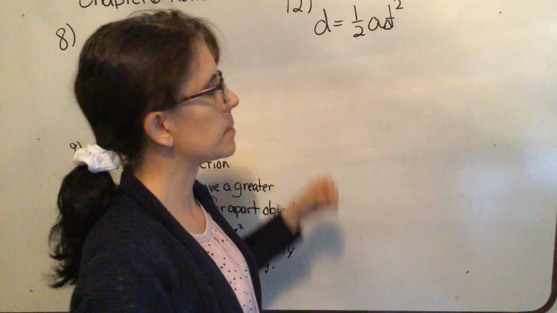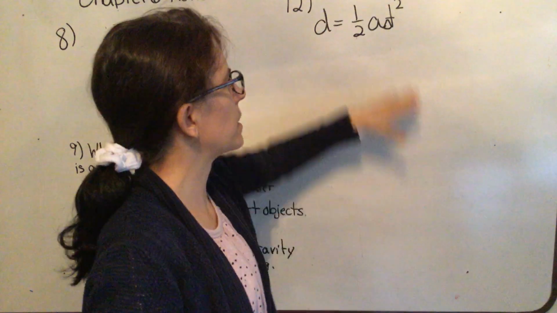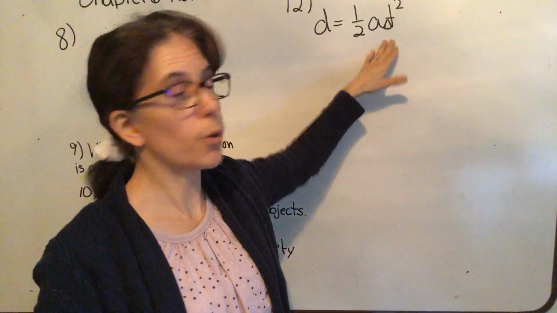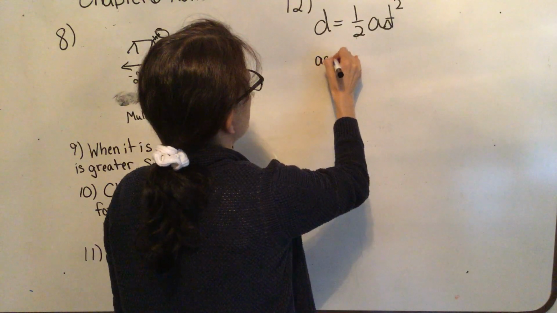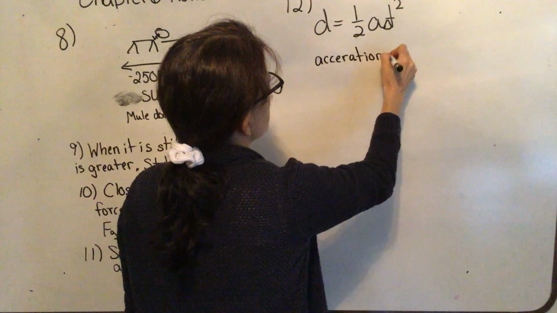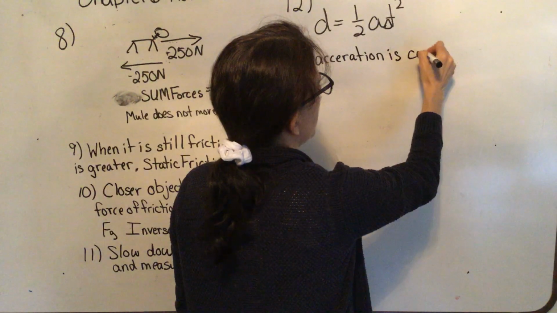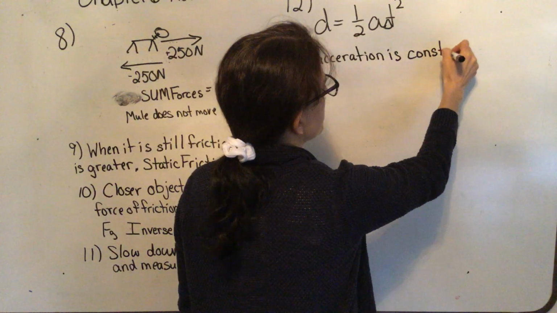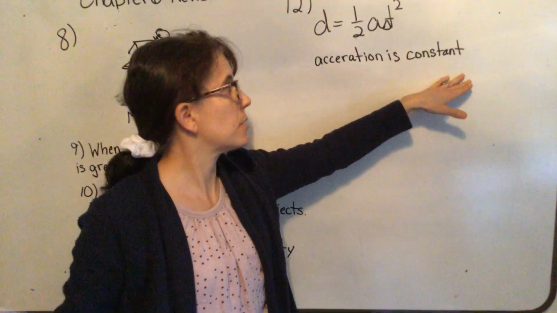If something is speeding up and then slowing down and then speeding up and slowing down, this equation won't work. So we have to put down acceleration is constant, meaning it's the same, it doesn't change. Constant in physics means it's the same, it doesn't change.